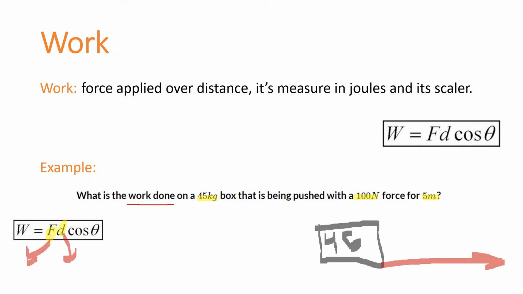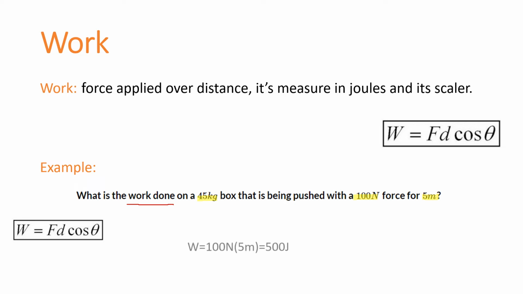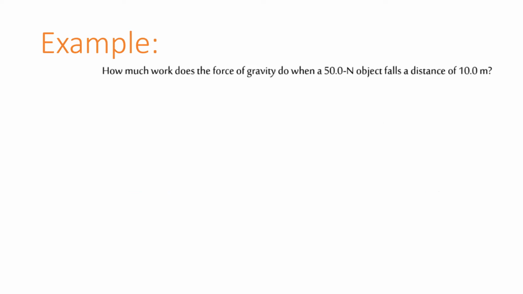The force applies in this direction, 100 Newton, and the distance is 5. So they move in the same direction and the angle between them is 0, so we just cancel cos. We multiply 100, which is the force, by 5 meters to get 500 joules.